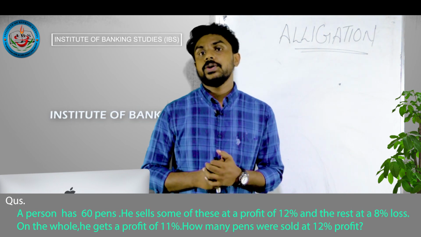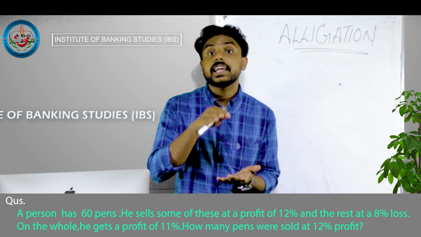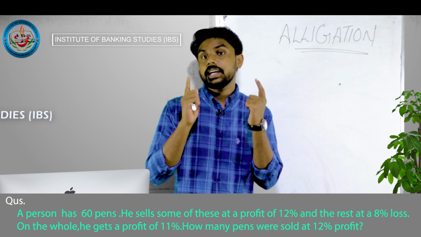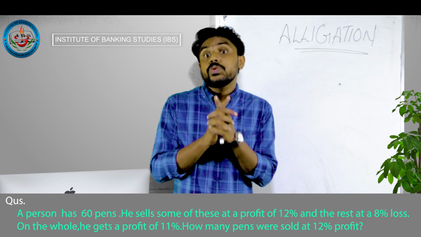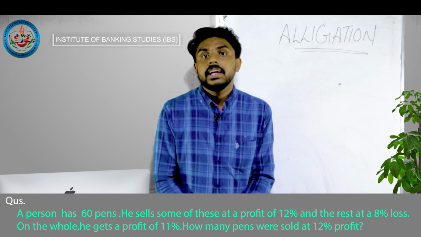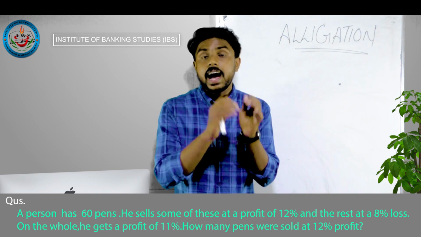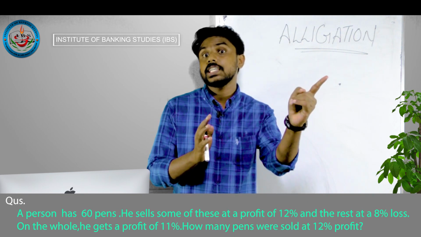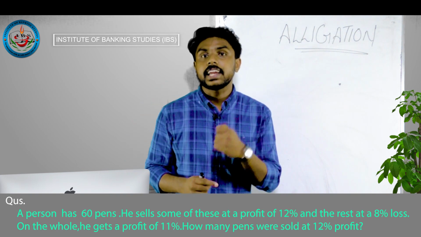When two or more quantities can be combined to form a new product, that is where we can use allocation. Here, a total of 60 pence are sold in two different transactions, one at a 12% profit and the other at an 8% loss, so we can use allocation.